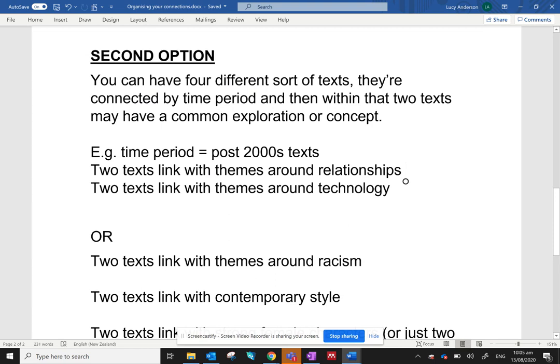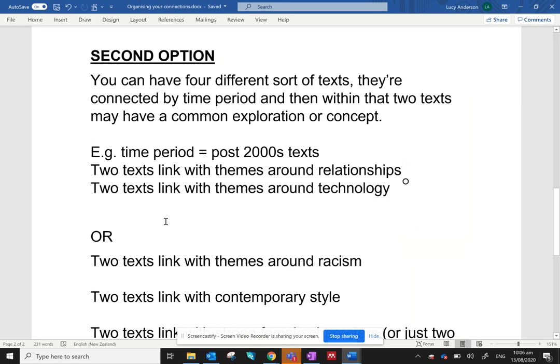So you can have two texts and two texts and kind of keep them a little bit separate. They're connected because all four of them are connected by a time period, but within that, there's two and two that connect quite well. What you might also find from your planning is that yes, they break into like a two and a two, but you can see trends perhaps across these first two texts and these ones. And you can connect texts together as well, and talk about them.